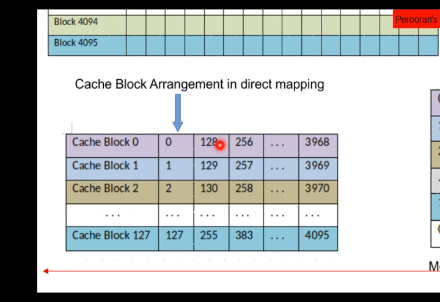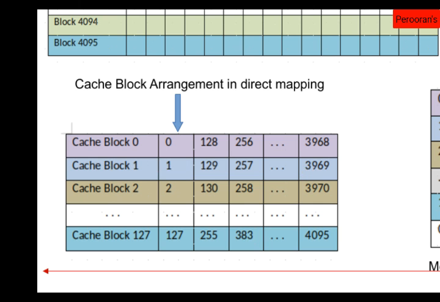But at a time, only one of these main memory blocks can be accommodated in cache block 0. Similarly, we are mapping main memory block 1, main memory block 129, main memory block 257, etc. to cache block 1. But that is not possible. At a time, this cache memory can accommodate any one among these blocks. So that is the problem.